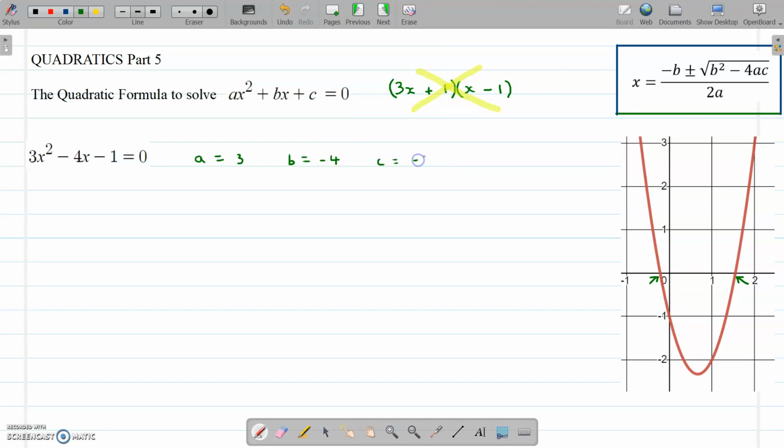Now that we've identified those three values, we apply them to the formula to find the values of x.